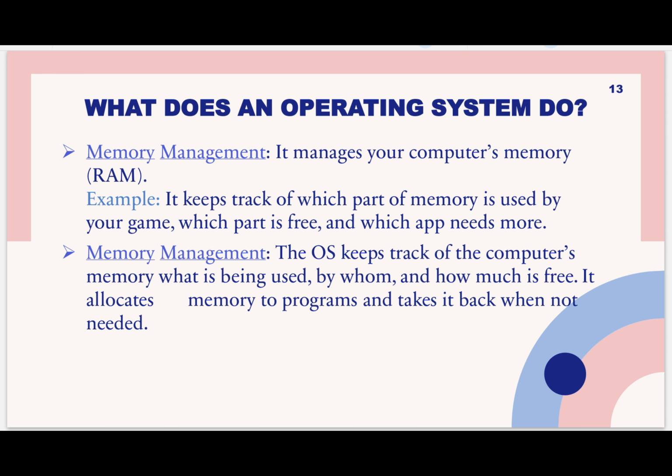For example, when you open your task manager, there is a section for memory, RAM, which takes care of memory management. If I open an application and it requires more RAM, it will give that RAM only to that specific function, right? And after that, if I close that app, memory management will take back all that memory, RAM.